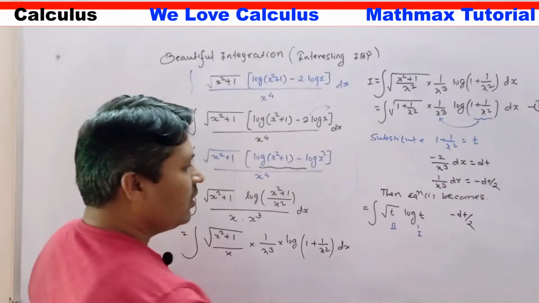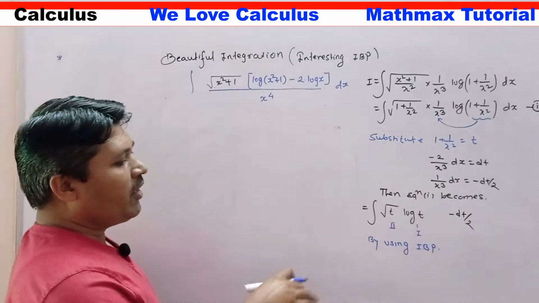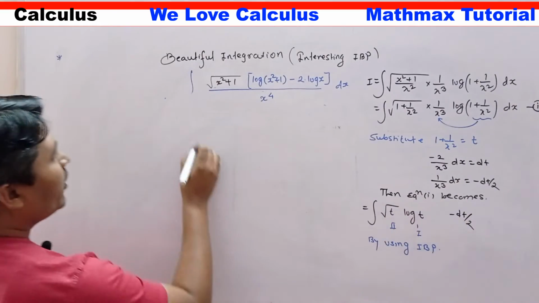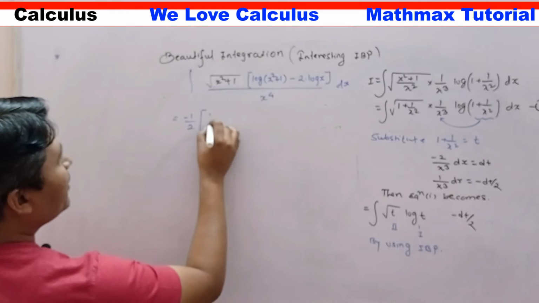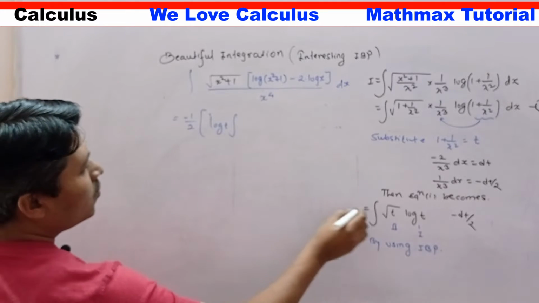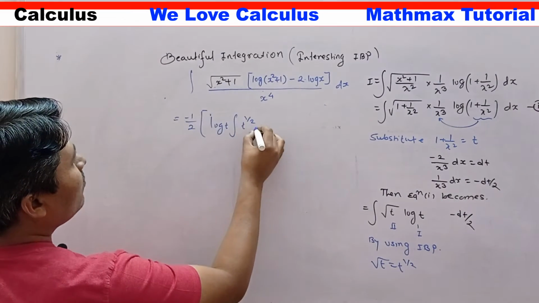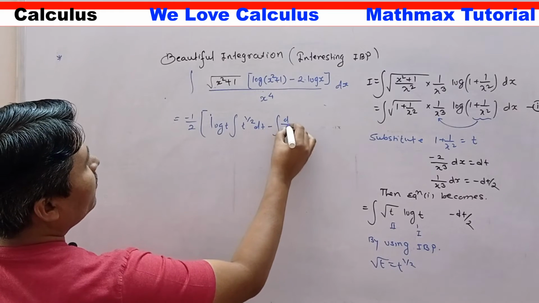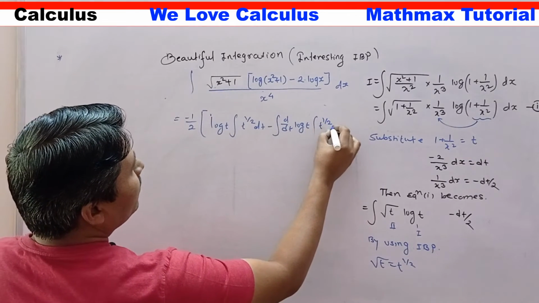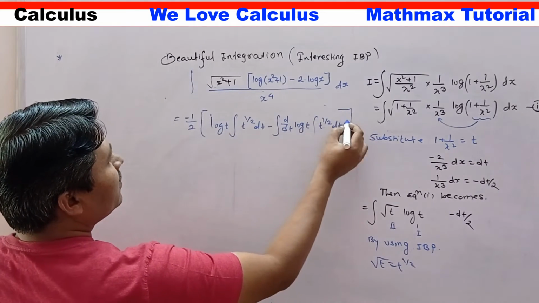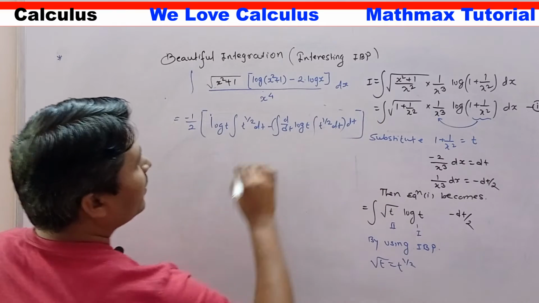So by using the IBP rule, minus 1 by 2 is common, and we get: first function log t times the integration of root t, which is t raised to 1 by 2, dt, minus the integration of the derivative of the first function, that means the derivative of log t, times the integration of the second function t raised to 1 by 2, dt.